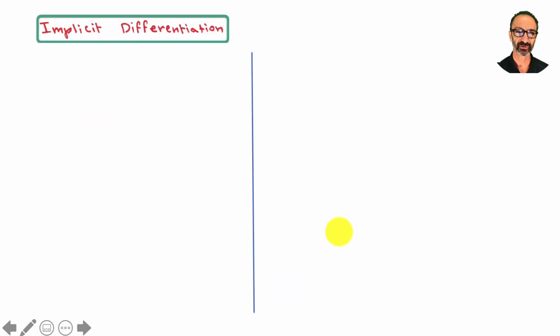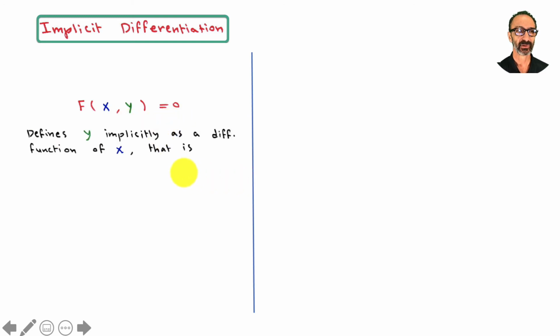Implicit differentiation. When you have a function of x and y equals 0, it defines y implicitly as a differentiable function of x. That is, y is a function of x by itself.